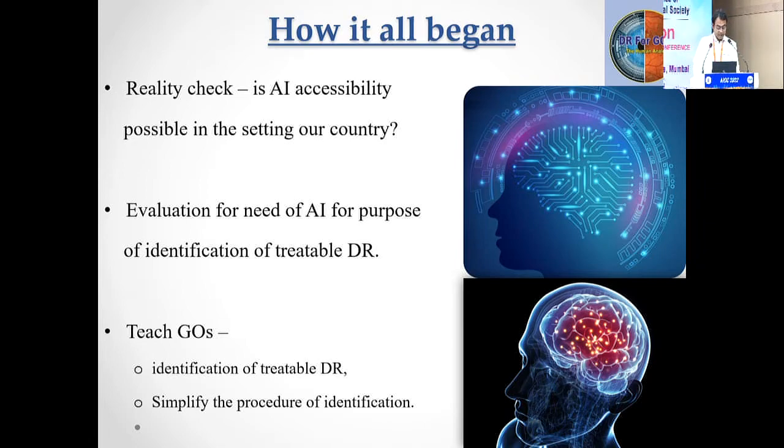And then there was the need for evaluation of AI for the purpose of identification of treatable DR. As Dr. Malay said previously, is a machine actually required for such a thing when anyone can do it, which WHO also says. So we need to teach the general ophthalmologists the identification of treatable diabetic retinopathy and simplify the procedure of identification.